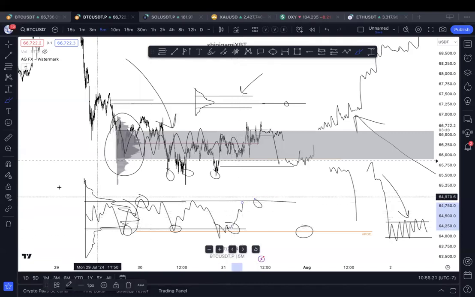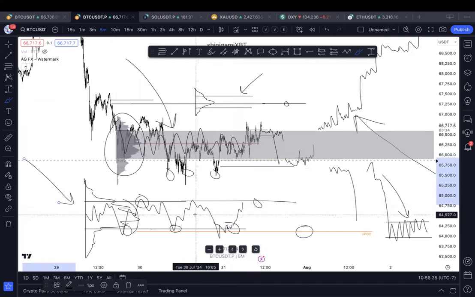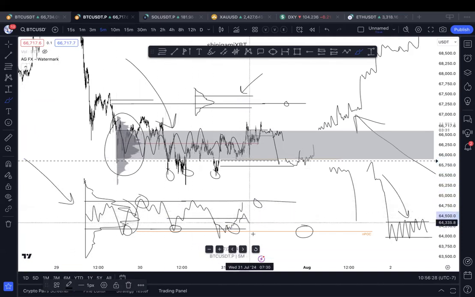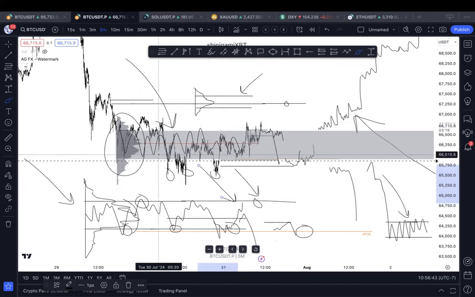Since we were talking about compressed areas, it's not likely that it will face any rejection from the middle, or after bouncing from here. It is a 90% case that it will get back up to the other part of the value, and that's how important compressed value is.